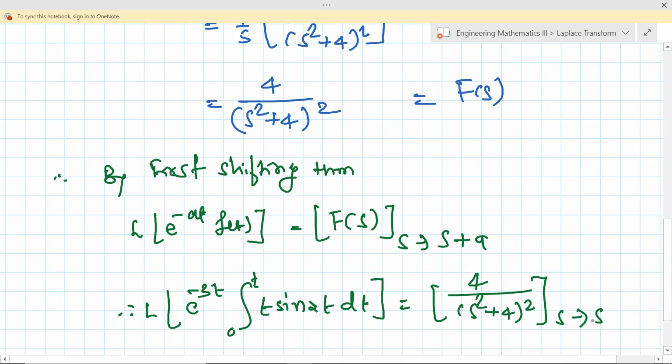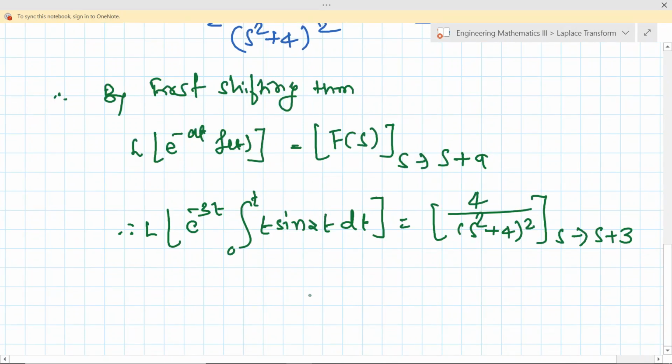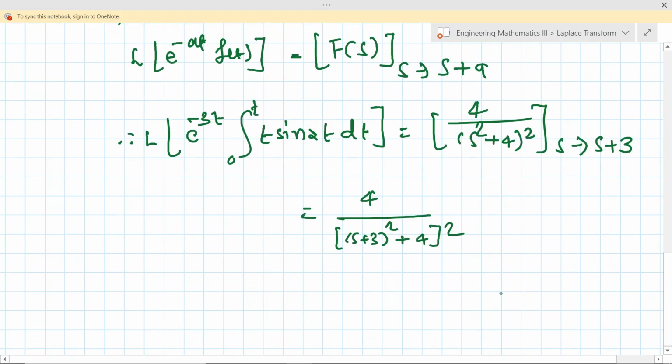Here we are replacing s by s plus 3, and that is the final answer after replacement. This is nothing but 4 upon s plus 3 bracket square plus 4 whole square. And after doing simplification, my answer is 4 divided by s square plus 6s plus 13 bracket square. That's it. This is my final answer to this question.